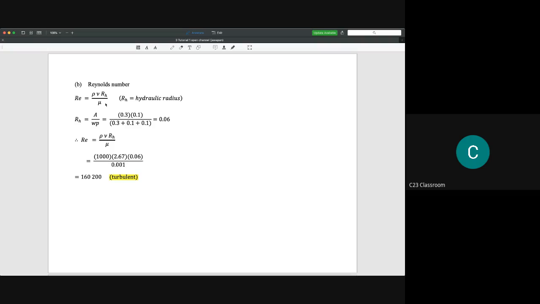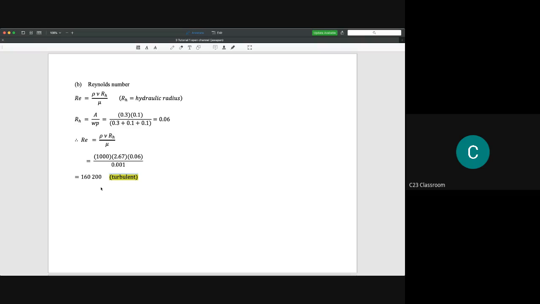Now in open channel, we use rho V hydraulic radius R_H over mu. I hope you can calculate the hydraulic radius by dividing the cross-sectional area by the wetted perimeter. You will get 0.06, and then you can calculate the Reynolds number, which is 160,200. So we assume it is a turbulent flow.